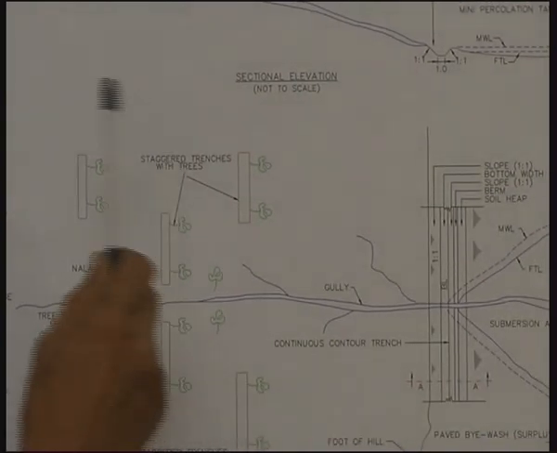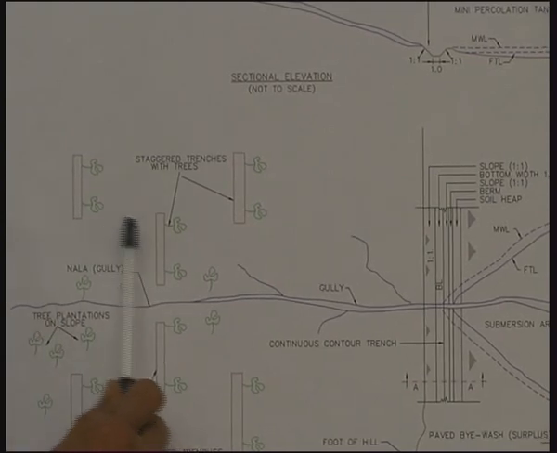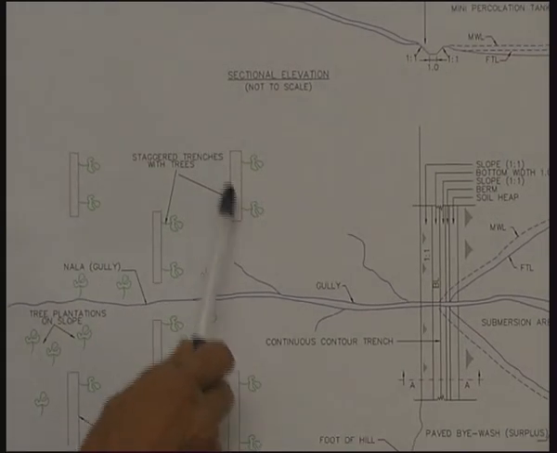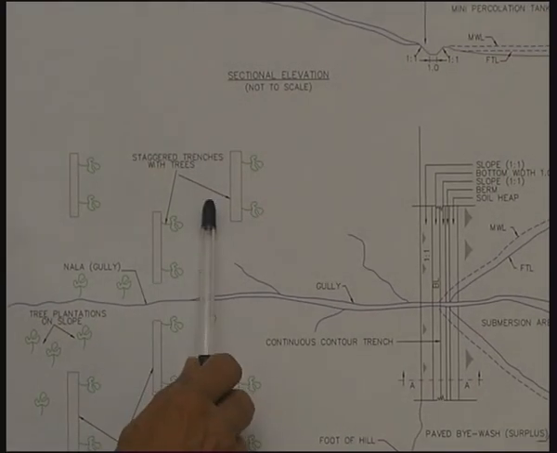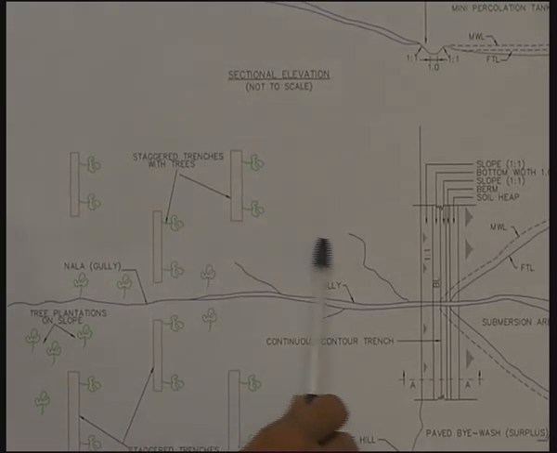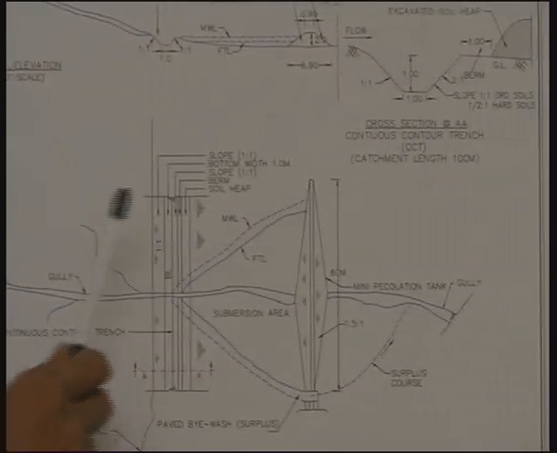It won't be one below the other. The idea is the rainfall runoff occurring in the slope of the hill would be intercepted through these staggered trenches, and when these staggered trenches overflow, then the water will go down and would get collected in the CCT.